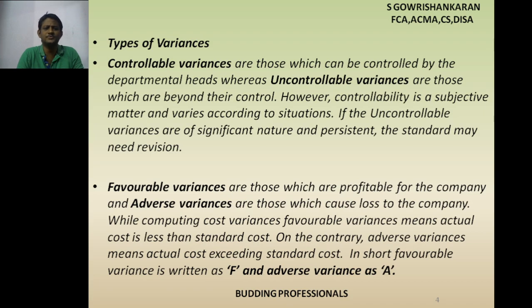So 1,000 rupees is favorable because I spent less compared with my standard. But in case of adverse, standard is 10,000 but I am spending 11,000. So 1,000 is adverse because I am spending more. For favorable we mention F, for adverse we mention A. Okay, in simpler terms.